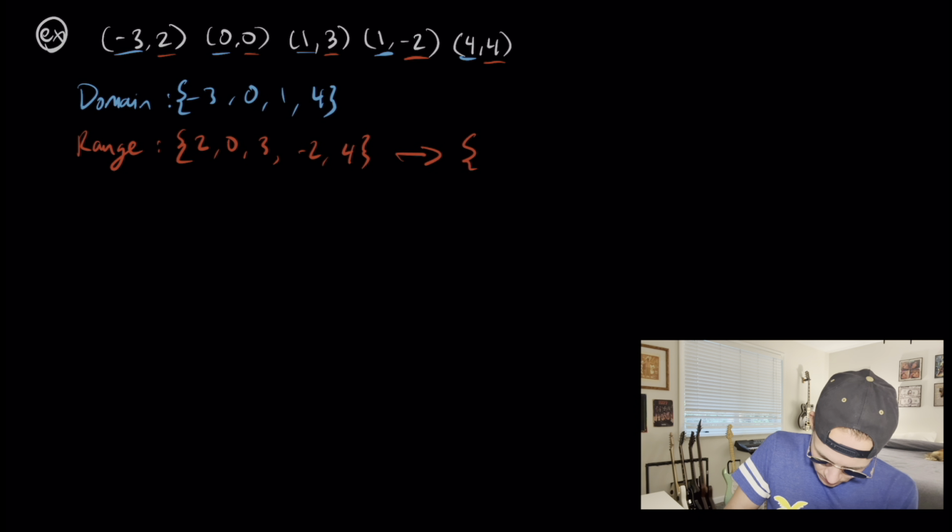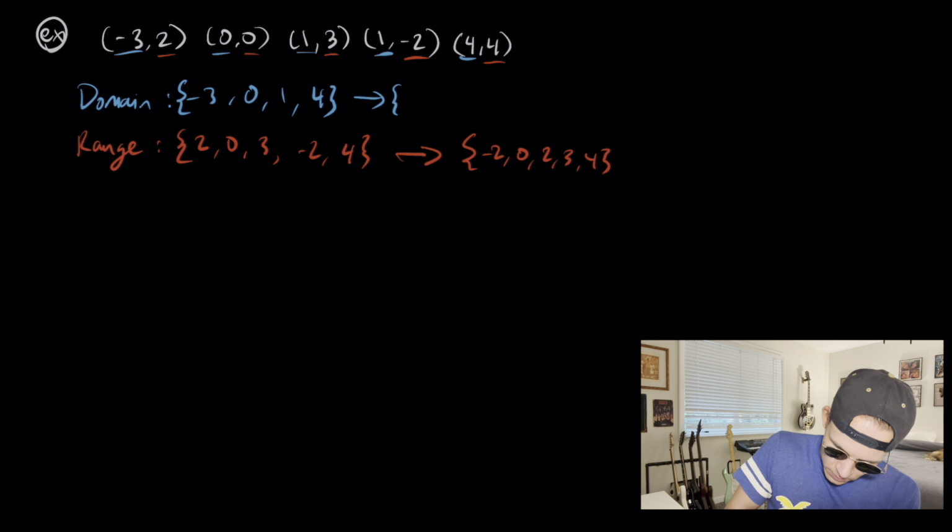So this will be -2, 0, 2, 3, 4. And then for our domain, it's going to be -3, 0, 1, and 4.